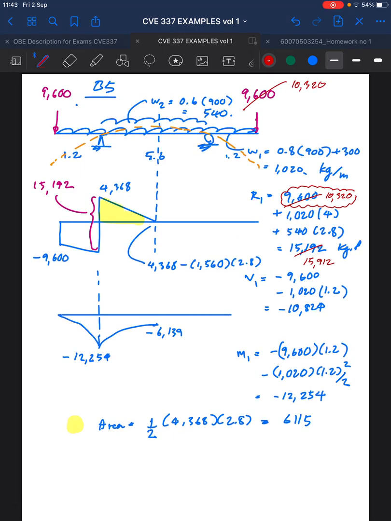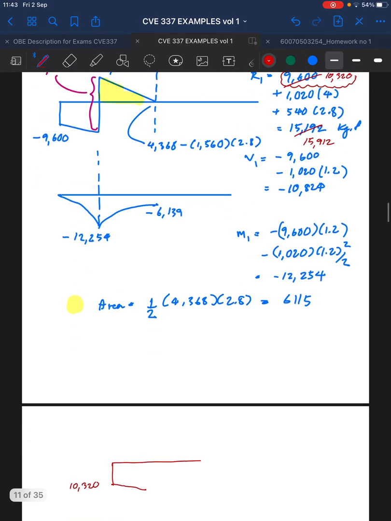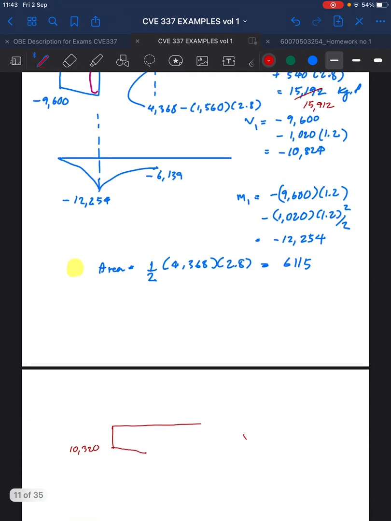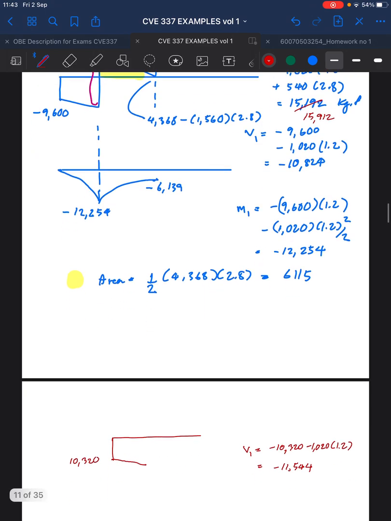V1, oh, the load is, yeah, that's the load, right? So V1 is minus 10,320, and then minus 1020 multiplied by 1.2. So that should give us minus 11,544. So that's our shear force V1.